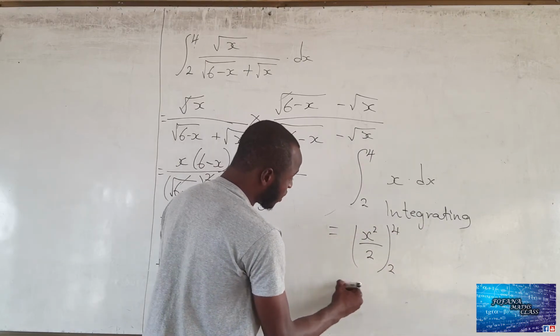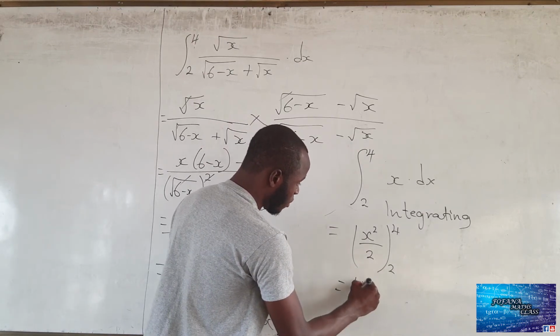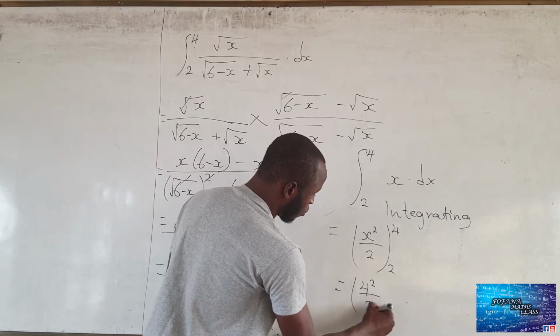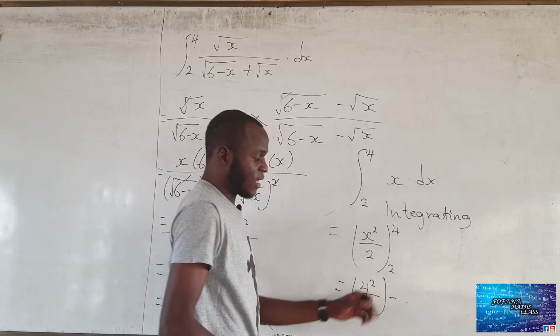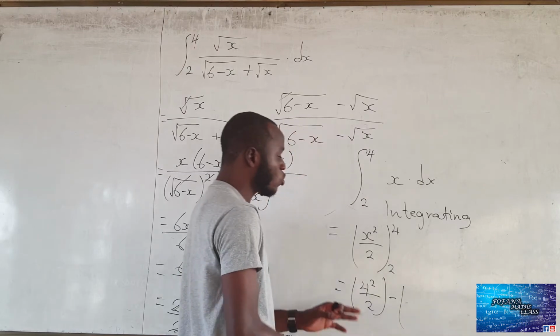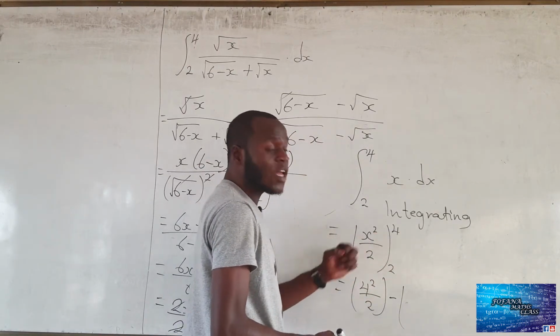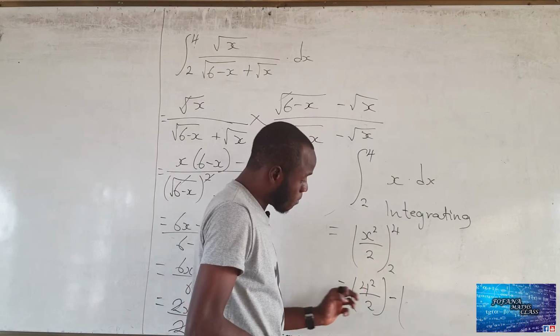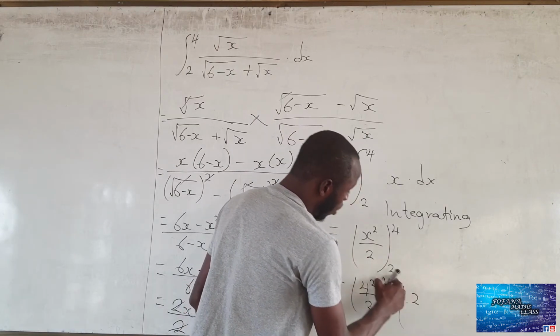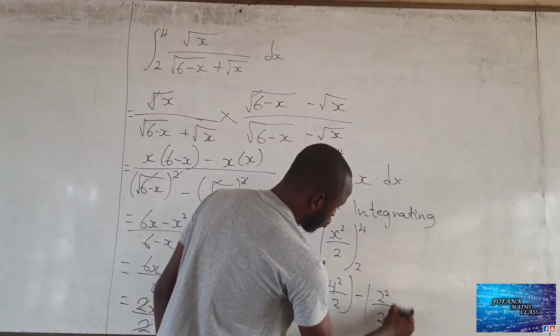Substituting the limit into the expression, we have the first one, 4 to the power 2 over 2, then minus the second limit. The 4 is the upper limit and the 2 is the lower limit. When you are doing the substitution, we first put the upper limit in the expression, minus the lower limit, so 2 to the power 2 over 2.